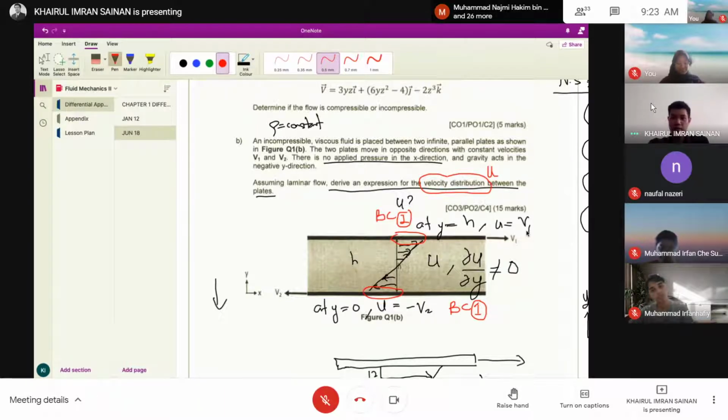So what happens if your x and y is positioned at the center?